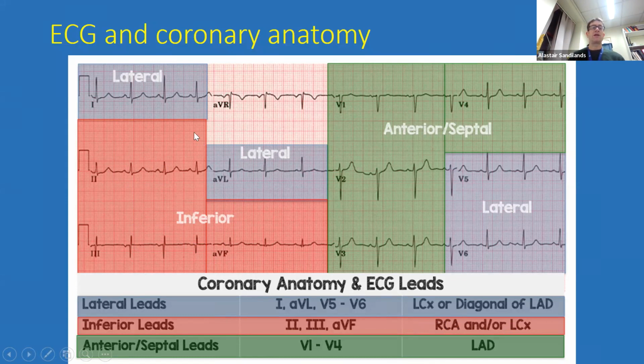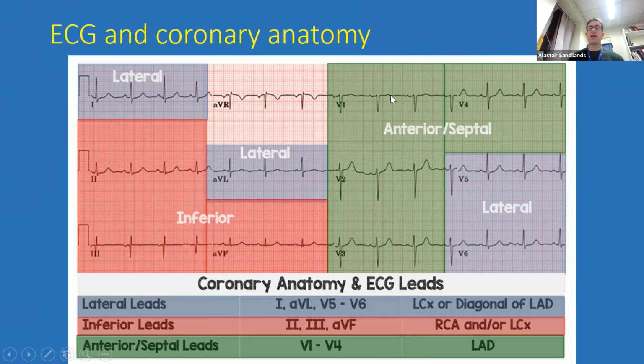Okay? So if you have inferior ST elevation, you need to look at the lateral leads, or the anterior leads are going to show reciprocal changes. What I mean by that is they might show ST depression, or they might show T wave inversion. So that tells us we've got an acute STEMI, okay, with reciprocal changes on the other side.